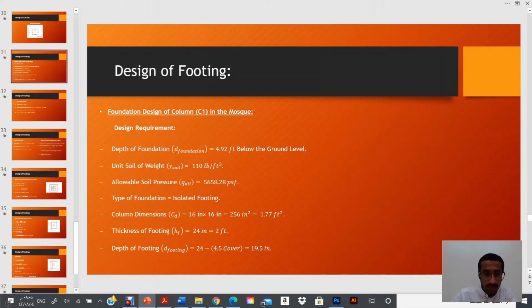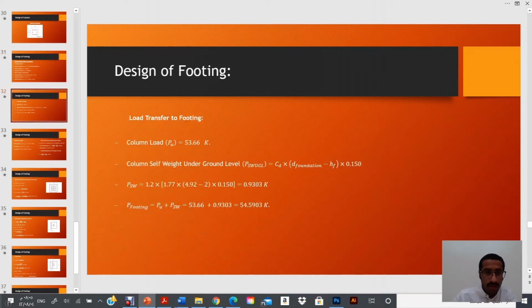Type of foundation: isolated footing. Column dimensions 16 by 16, and thickness of footing 24 inches. Effective depth equals 19.5 inches.